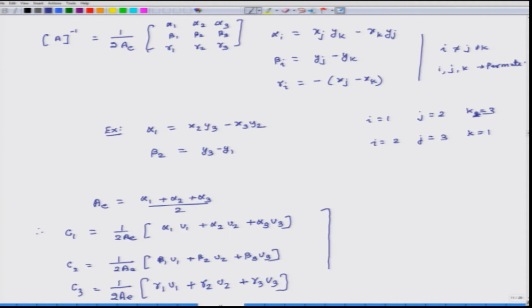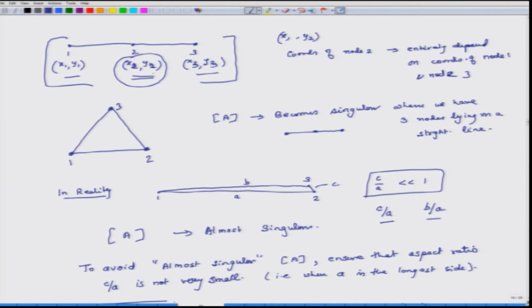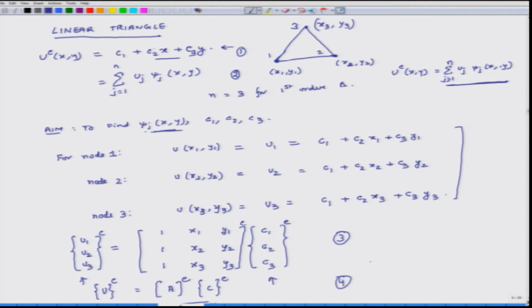So, we understand how these relations came for C's. Basically, I have inverted the A matrix and plugged that A inverse in this relation 3 or 4. So, from that I can express C's in terms of U's.